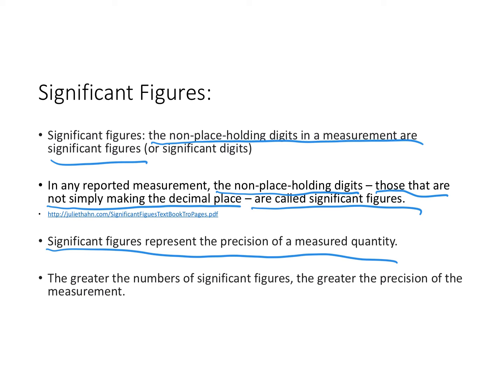Lots of students confuse this with scientific notation. Scientific notation has nothing to do with the precision of a measured quantity. It's just a way that we write really large or small numbers. But significant figures tell us how much precision we have. The greater the number of significant figures, the greater the precision of the measurement.